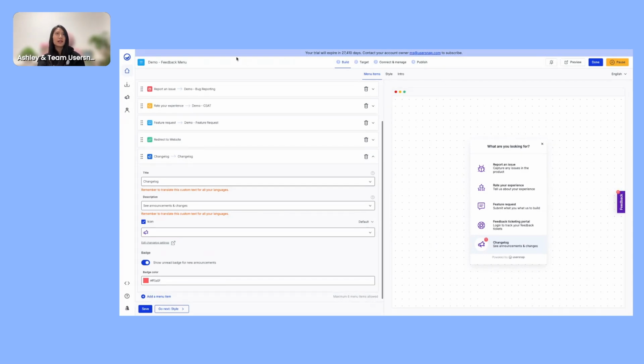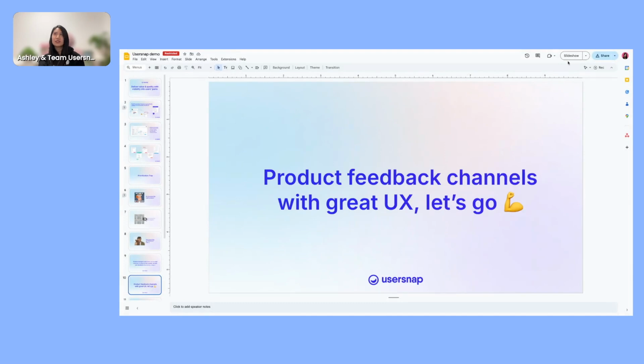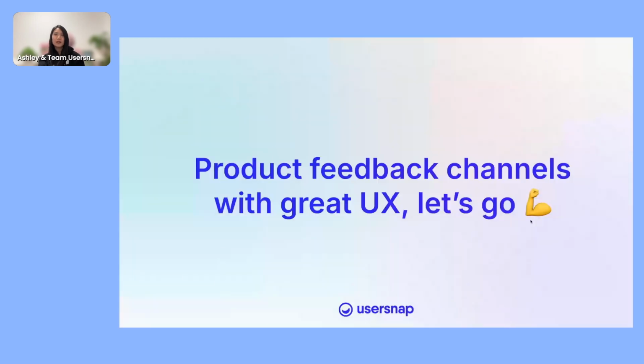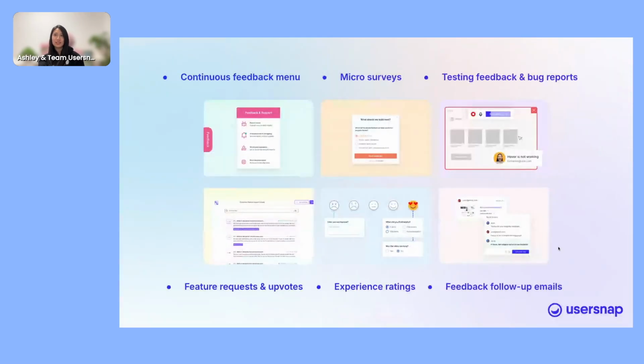All right, so that's it from my demo, essentially. A quick recap, which you can also look at the slides later or the recording of this demo. But you can do continuous product discovery with Usersnap through the feedback menu, microsurveys, getting upvotes, feature requests, and mapping conditional questions to experience ratings, follow up with your users.